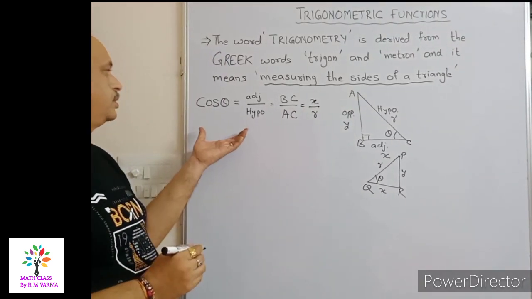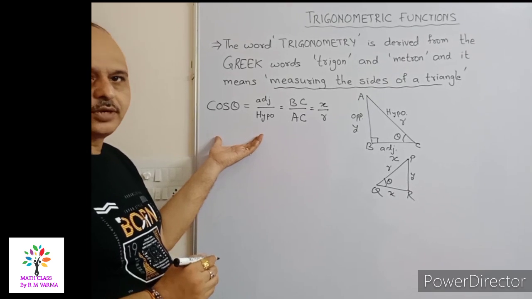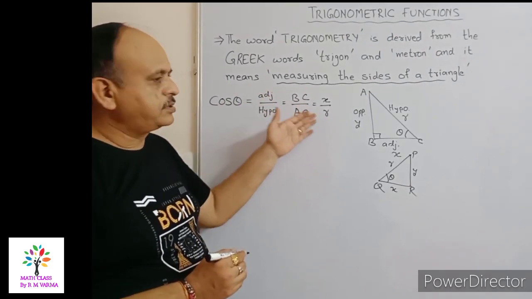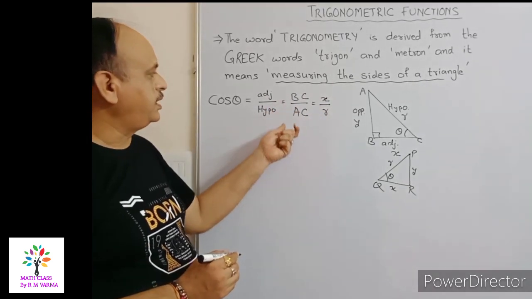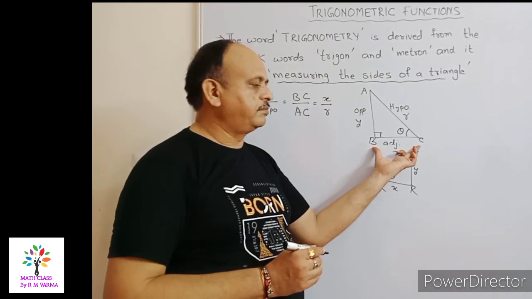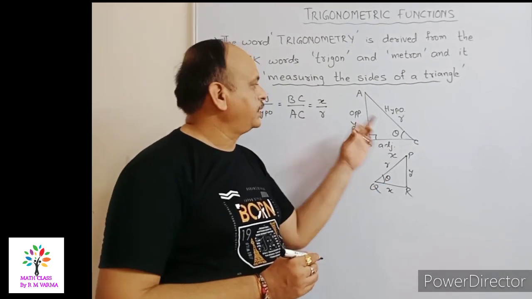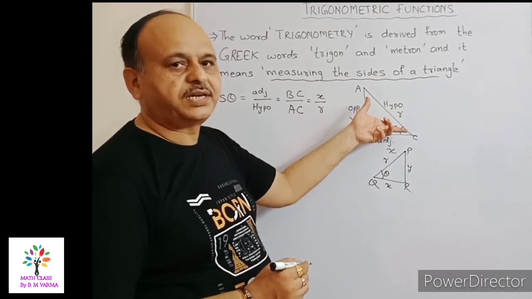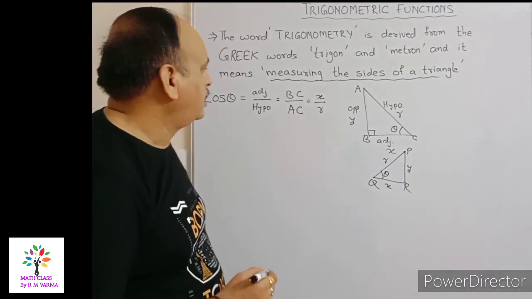So this is the trigonometric ratio cos theta. Here BC, AC or x or r are the measurements of the sides. BC is the length of side BC, AB means the length of side AB, AC means the length of side AC.